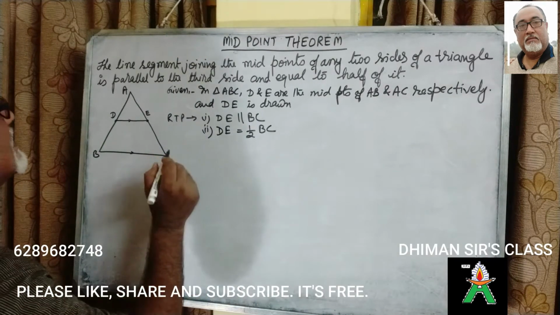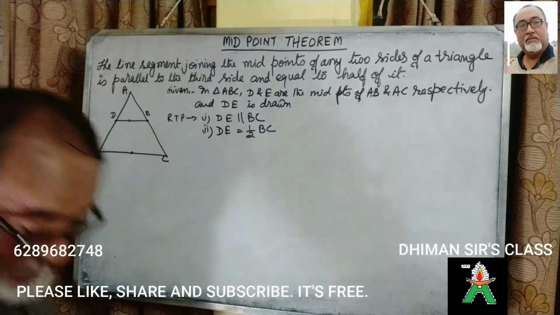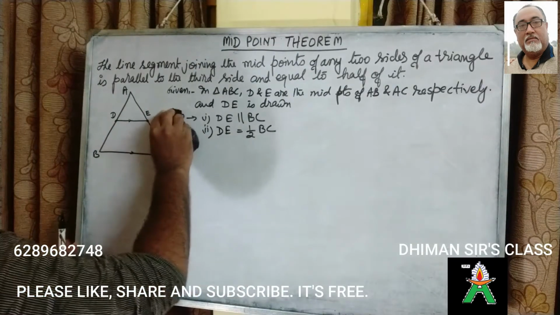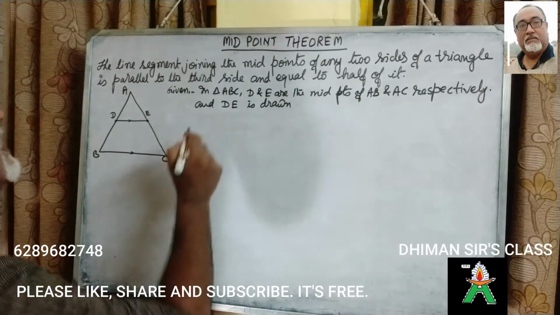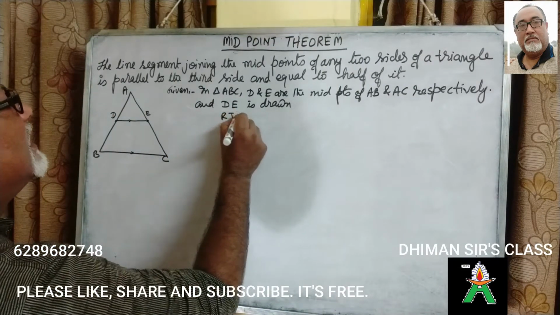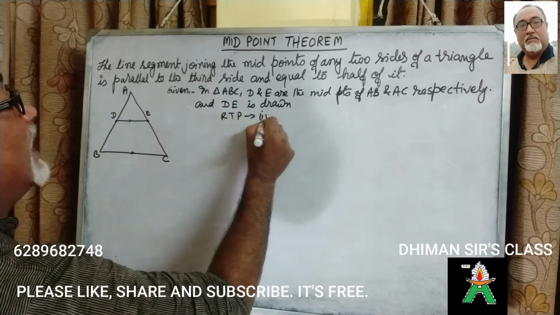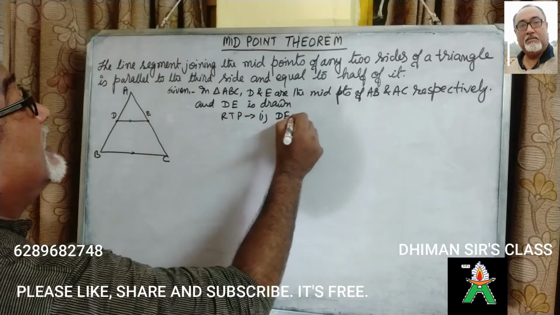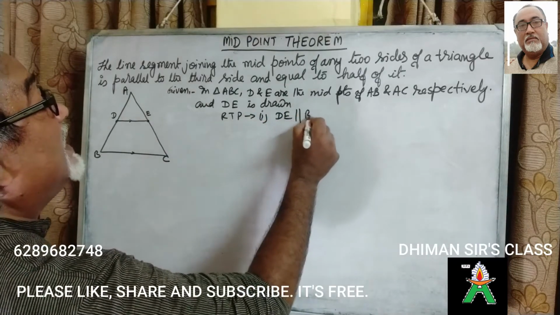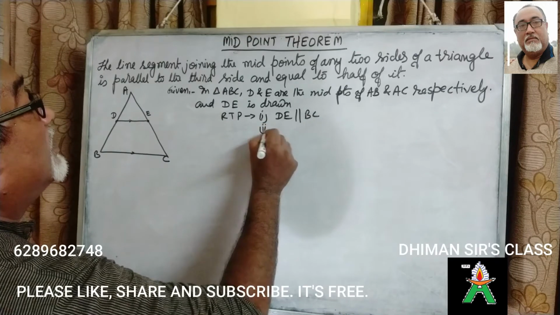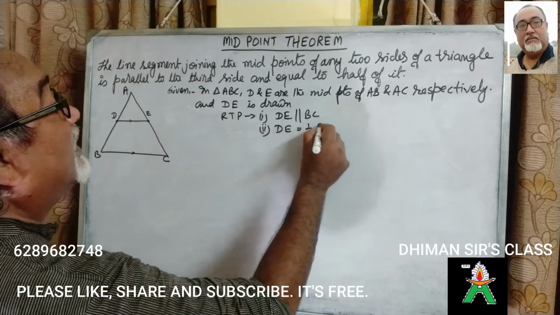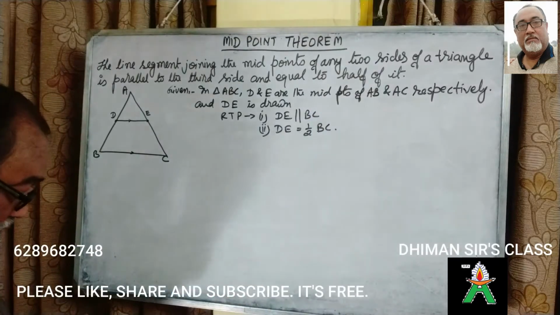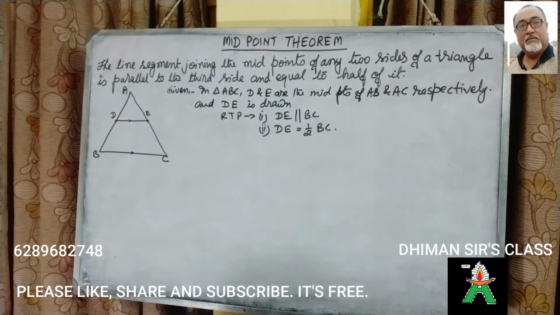For this, a little bit of space problem has occurred, so let me write this a little bit on this side. RTP. Number one, DE is parallel to BC. Number two, DE is equal to half of BC. Now why did I say so?